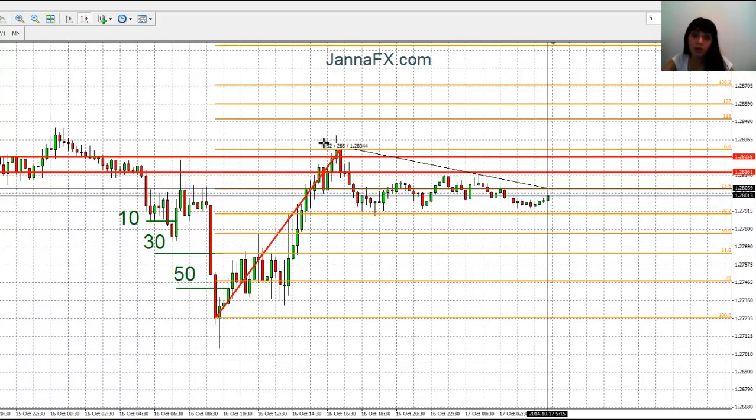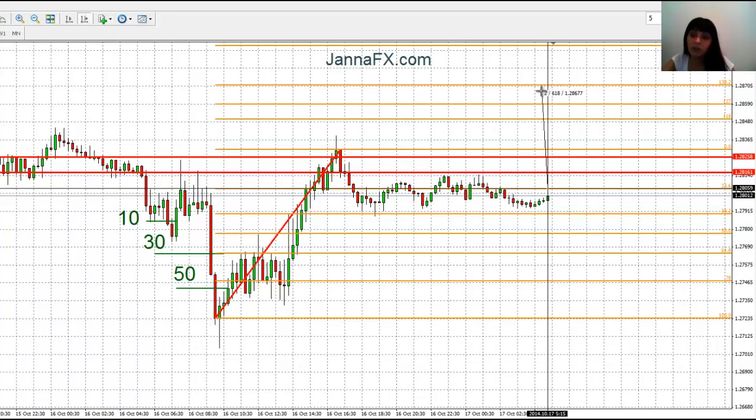I think it will, because here's how I see it. We have one top here, as I said, another, and three tops here. So I think the market will reach it, and it will try to break it. And if it breaks that level, it is definitely going up and trying to reach higher levels, at least up to 138. It depends on whether there will be, let's say, not very strong news.